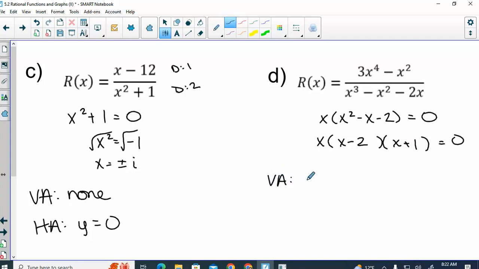So what do we get for our vertical? 0, 2. And you can write those separately. Usually I do. I guess I was kind of lazy here. I'll write them out.